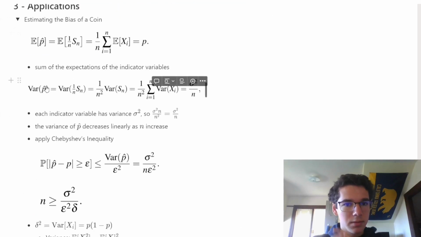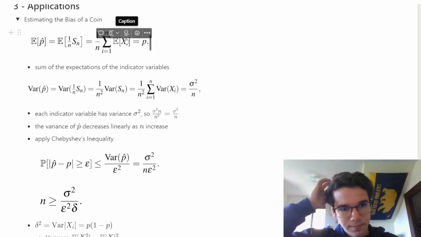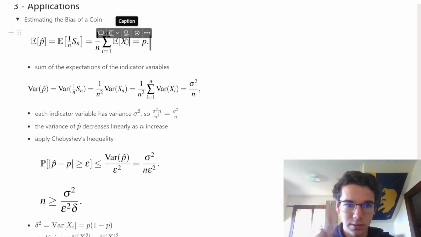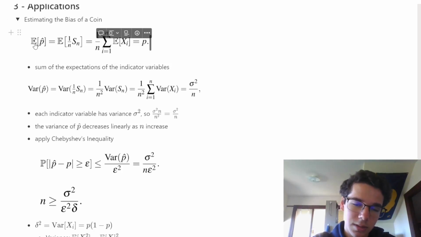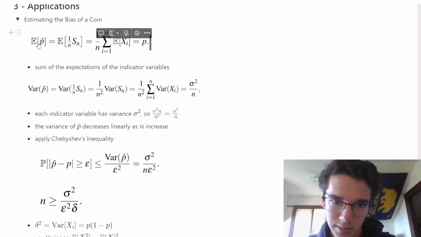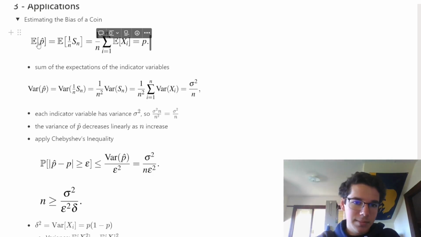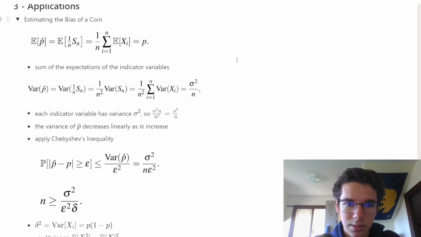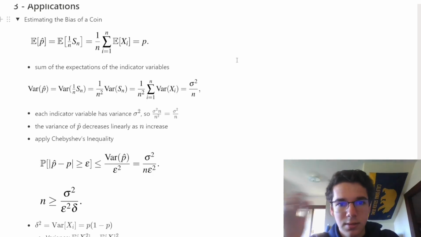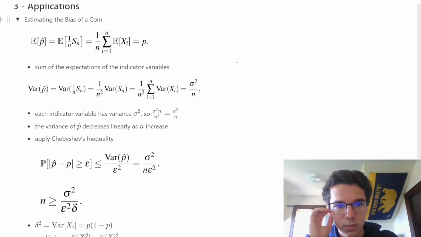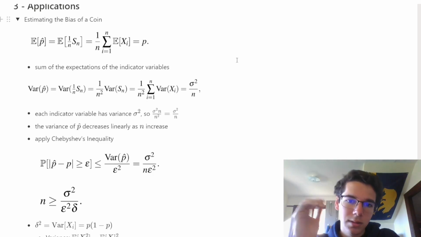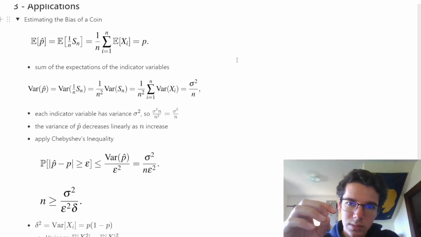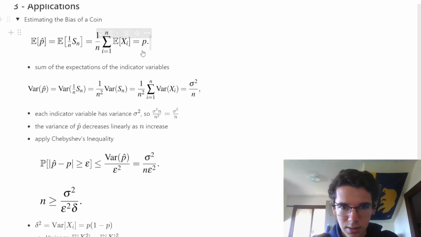Okay, so if we want to estimate the bias of a coin, to just refresh ourselves on what we defined these to be, we're going to take the expected value of some estimate of what the probability of landing on heads is, and using the above equation, we get this, and this is equivalent to 1 over n times the expectation of all of those indicator variables, or the expectation that the ith throw is heads, and we get p.